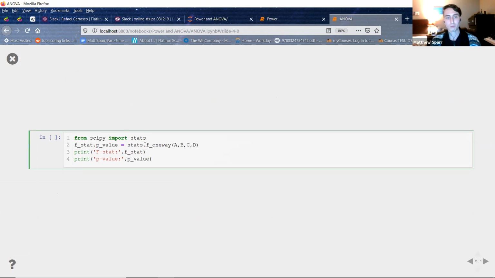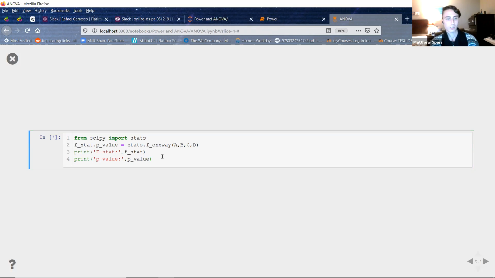So you just, from SciPy stats, you can just do the one-way F test, and then you can pass in your 4 different groups there, and it will give you what's known as the F statistic and the p-value for that statistic.